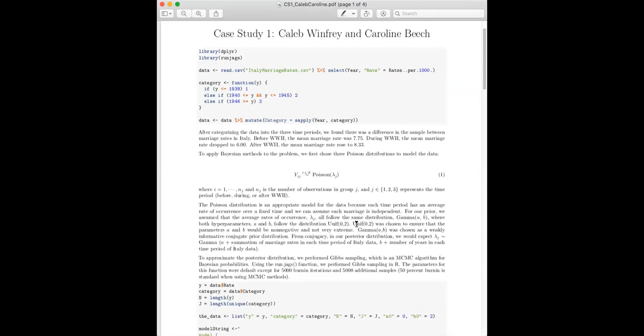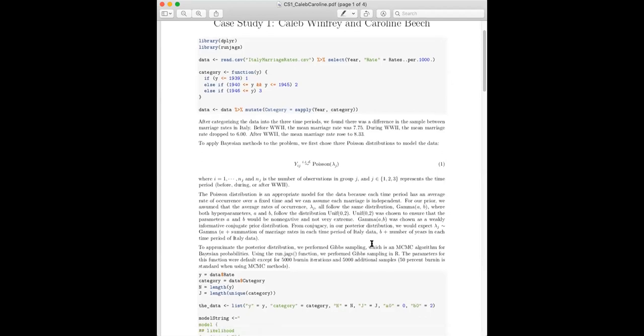For the parameters of the gamma, a and b, we chose to have them both follow the uniform distribution (0, 2), so that you would have a vague gamma prior close to (1, 1). We just didn't want any extreme values or any negative values.